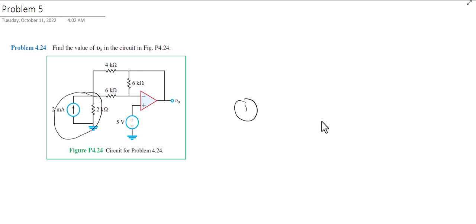So I'll have plus 4 volts, with the plus going up because the arrow's going up on our current source. The resistor doesn't change, so that's still 2 kilo ohms. And then we've got the rest of our op amp circuit.